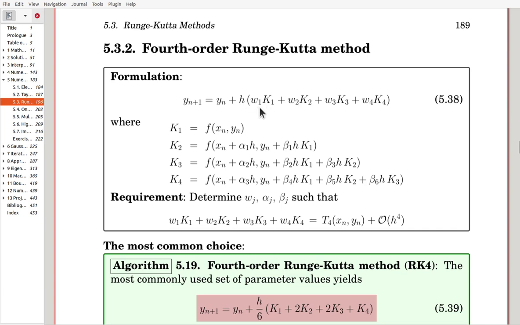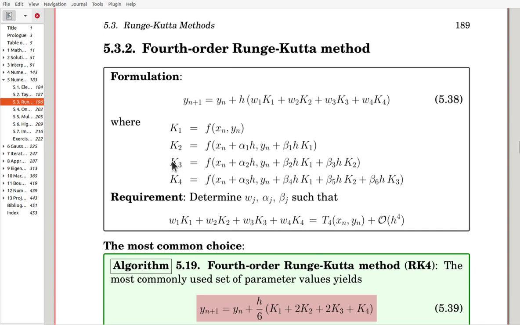evaluations and weights. Here K1, as usual, starts from the left edge point evaluation. Here K2 uses K1 to predict y values at the alpha 1 portion.